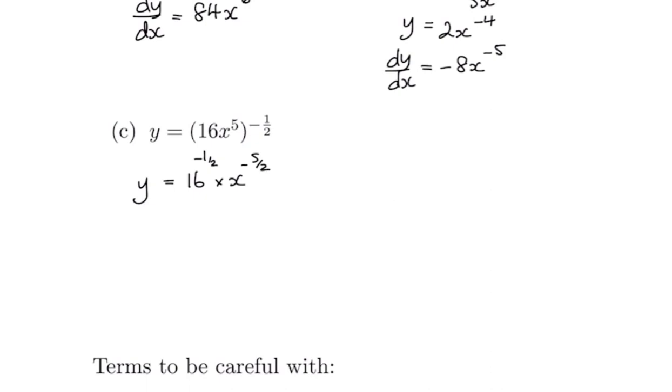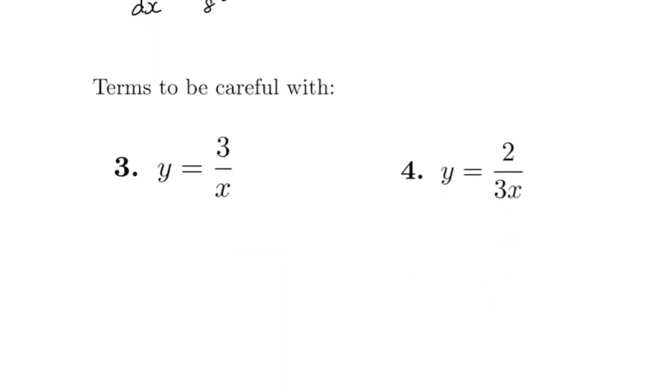And 16 to the negative 1/2, of course, is 1 over the square root of 16, which is 1/4, x to the negative 5/2. So dy dx is multiply the power by the coefficient, so I'm going to get negative 5 over 8, x, and if we take 1 from negative 5/2, we get negative 7/2. And again, that is the gradient function.